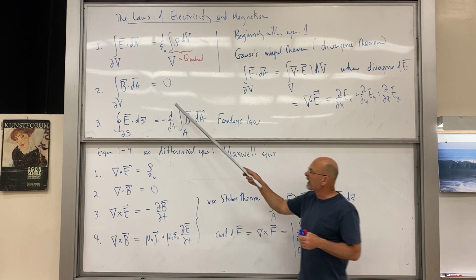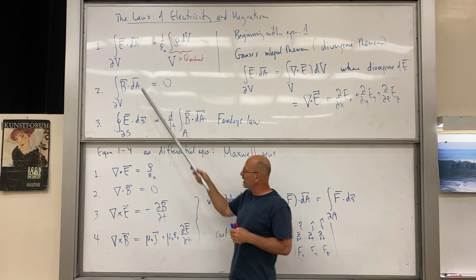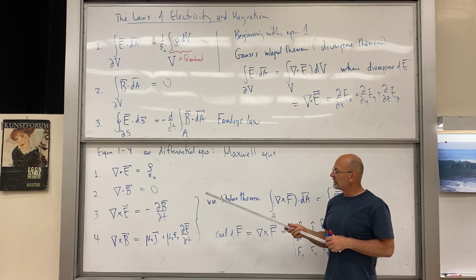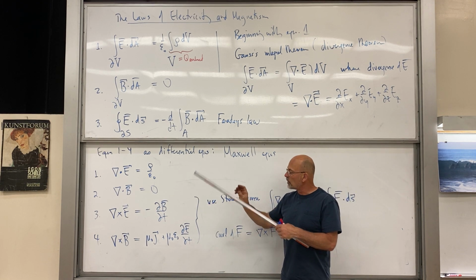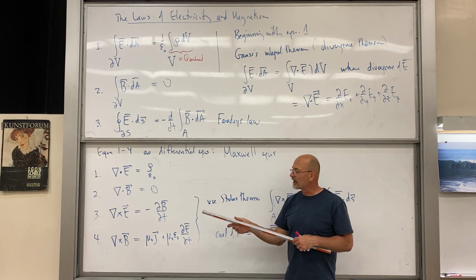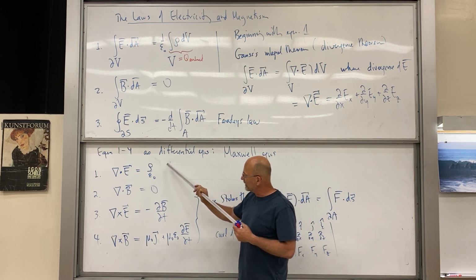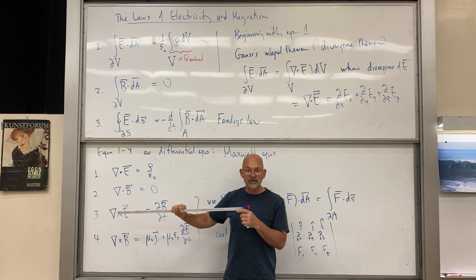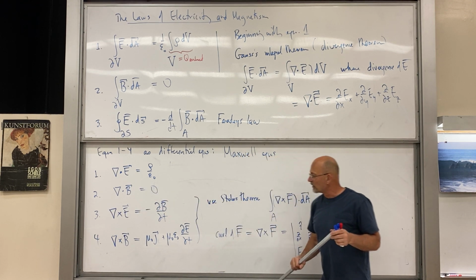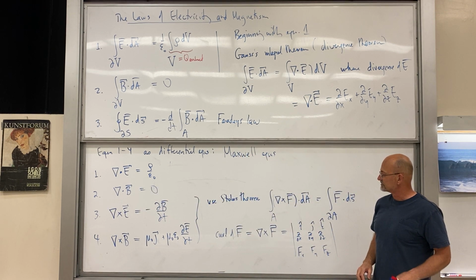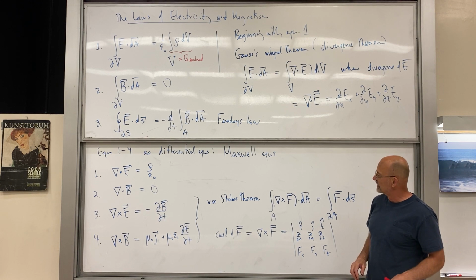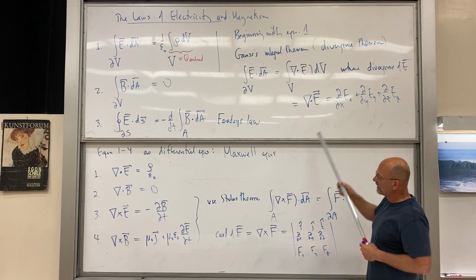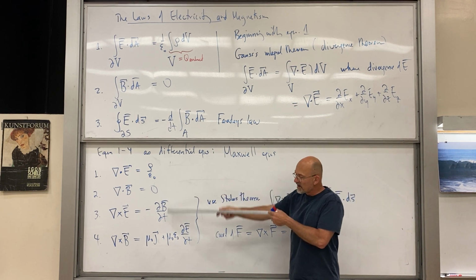Here, in the integral form, we have laboratory apparatus and experiments. Here we have the idea that these laws hold in an arbitrarily small area of space, because these are defined as limits of difference quotients and so forth, as derivatives. So we have the curl, we have the divergence, and those are the differential equations of Maxwell.